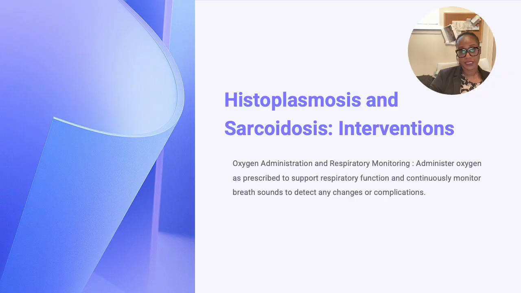Kveim test, sarcoid antigen is injected intradermally and this causes a local nodule lesion in about 1 month. Some interventions are to administer the corticosteroid to control the symptoms. We want to monitor temperature and increase fluid. Provide frequent rest periods and encourage small, frequent, nutritious meals.